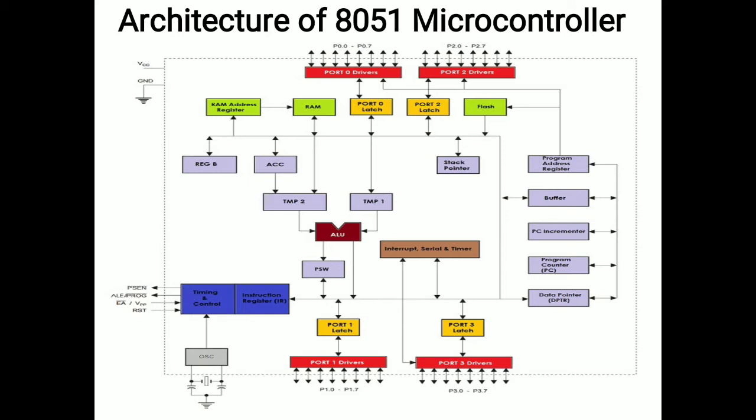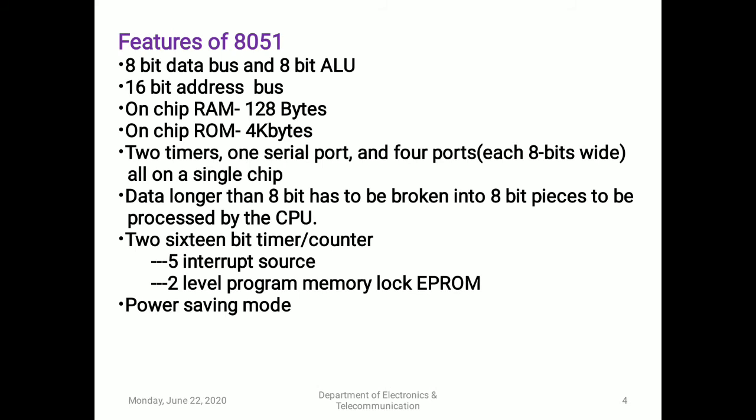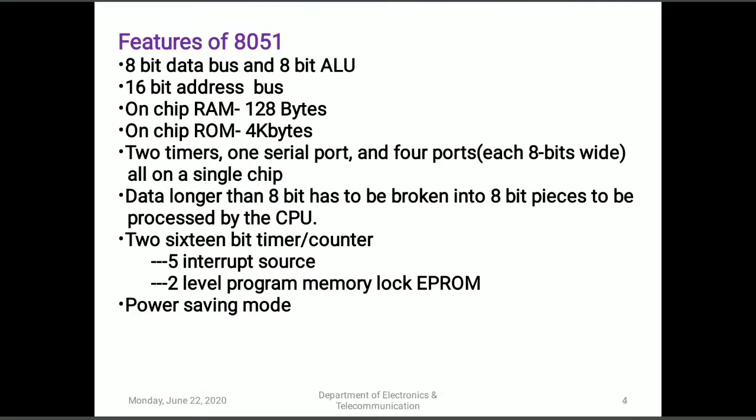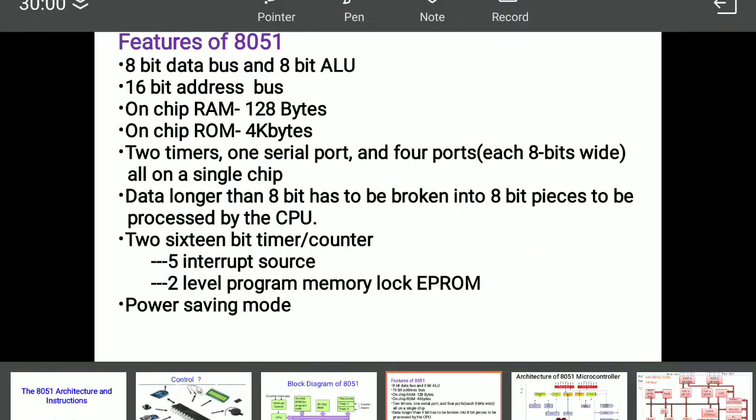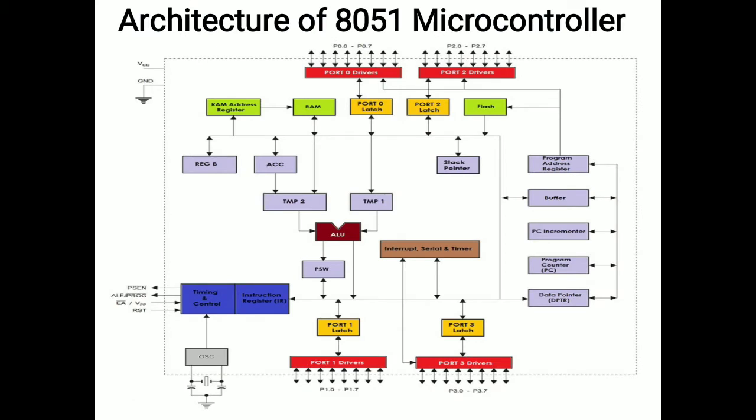After that, moving upward from the right bottom side, for processing, a data pointer is required, which we nominate as DPTR. DPTR is used to access 16-bit data. So DPTR is the first block.